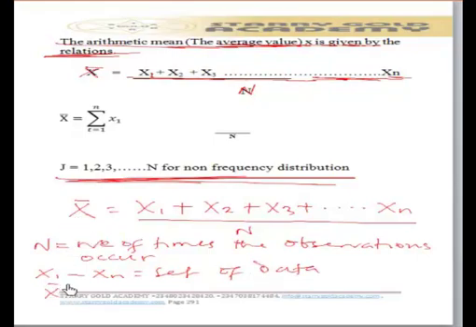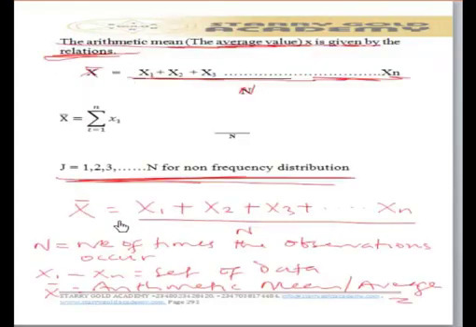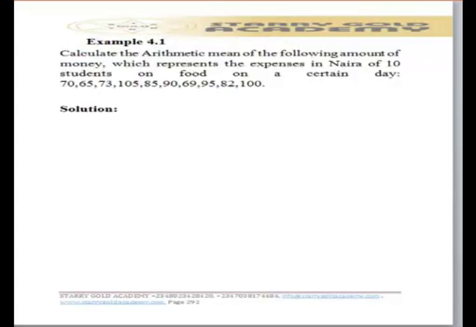Then the x bar here represents the arithmetic mean, which is otherwise known as the average. So when we are talking about arithmetic mean, we are otherwise talking about average. So anytime we want to compute arithmetic mean, then this formula is expected to be sufficiently used.